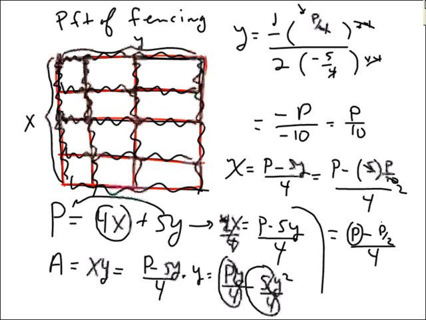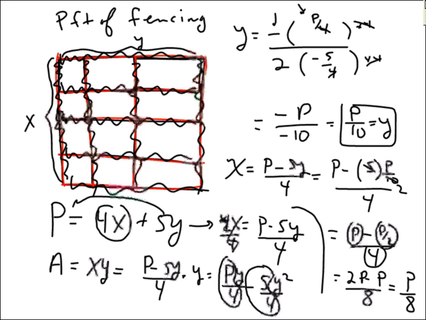If I double everything, I get 2p minus p, which of course is p over 8. Okay, so y is p over 10, and x is p over 8.